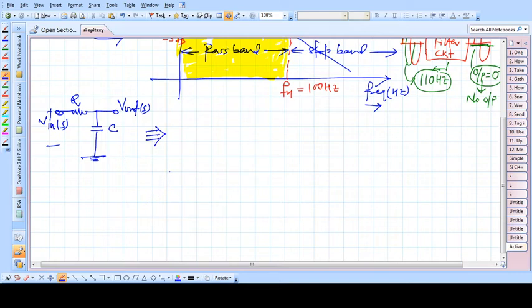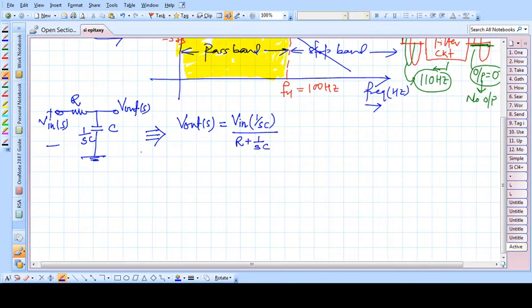This V output can be simply written as follows. This is a capacitor having capacitance C, so the corresponding impedance should be 1 by SC. So the V output will be simply V in times 1 by SC upon R plus 1 by SC.